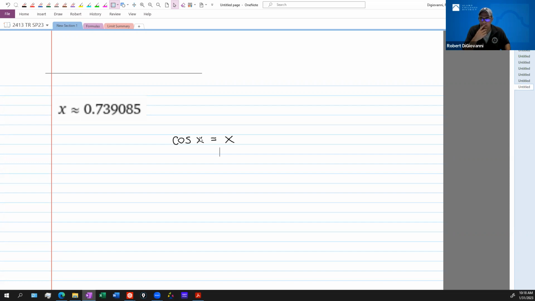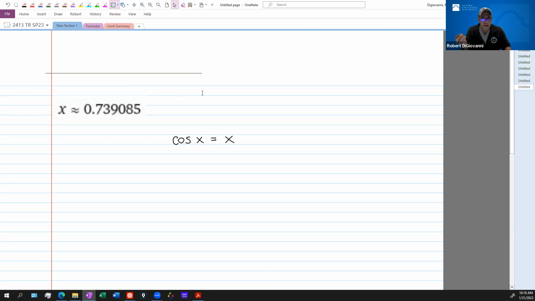Radian or degree? Radians. The only time you ever use degree mode is if you know the angle you're plugging in is in degrees, so it would have had to have a degree symbol. Otherwise, everything's always in radians. So you can check yourself that if you plug that number in, it's going to be pretty close. It's not perfect because they round it here.